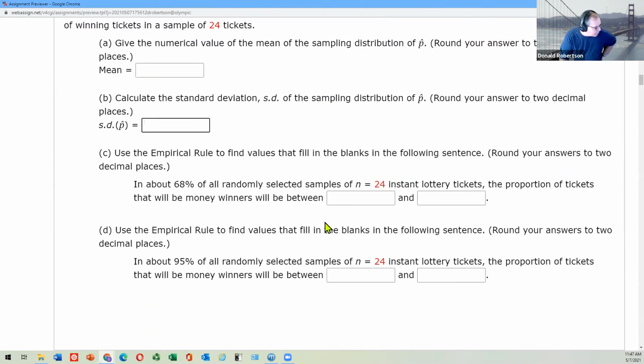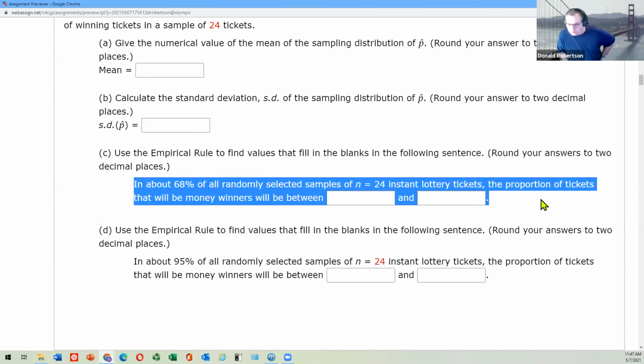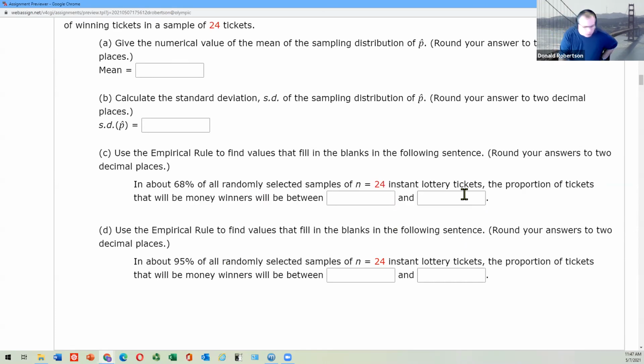In this case, oh God, they did it. I knew they would. Aren't they going to do a 68% confidence interval? Do it because they ask you, but never, ever do it in real life.